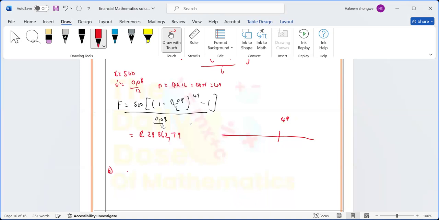So we're going to have A equals P, the present value exactly after 49, which is this amount here, times 1 plus i to the power of n. That is 28,862.79 times 1 plus 0.08 divided by 12 to the power of 2 multiplied by 12, which is 24.